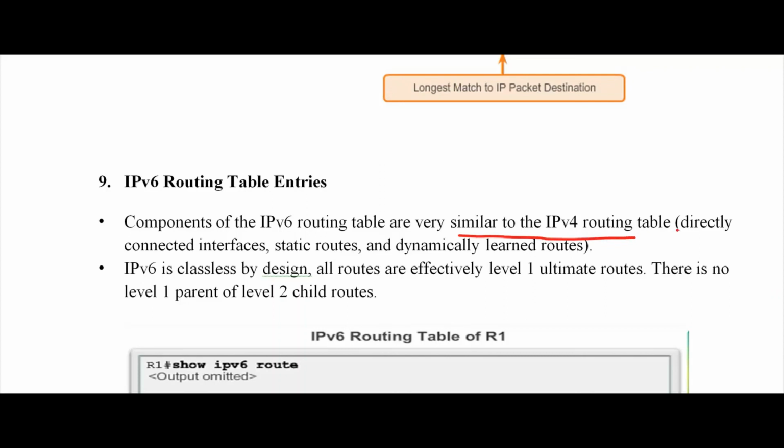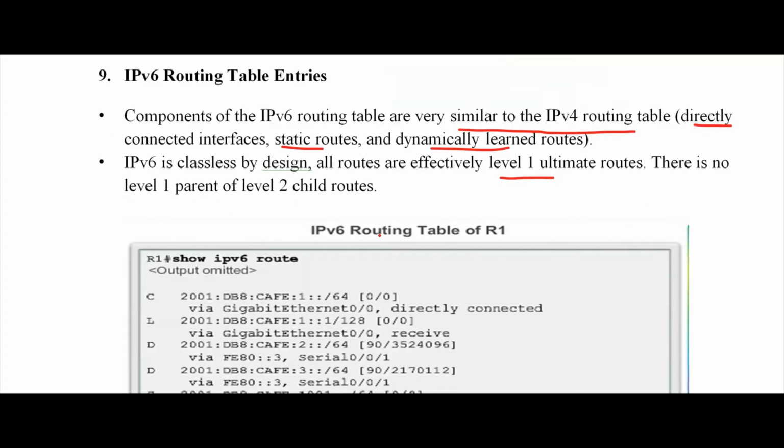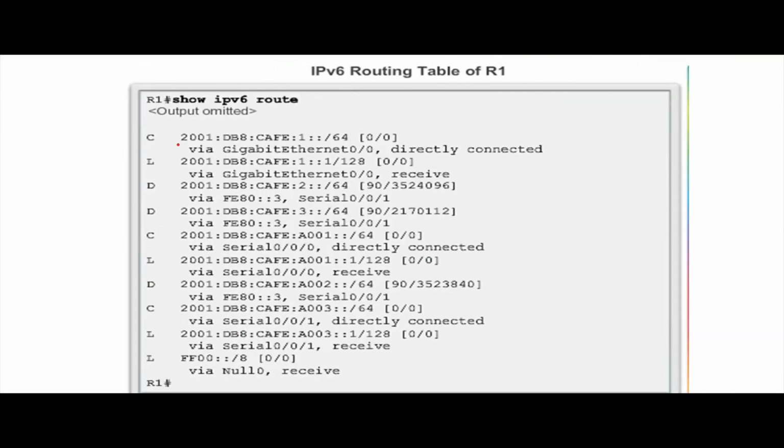Same concepts: directly connected, static routes, dynamically learned routes, level 1 route, level 2 route, ultimate routes, everything will be the same. The only difference is going to be the IP address. Now you can say this is an IPv6 address.